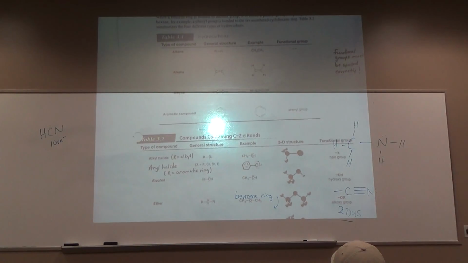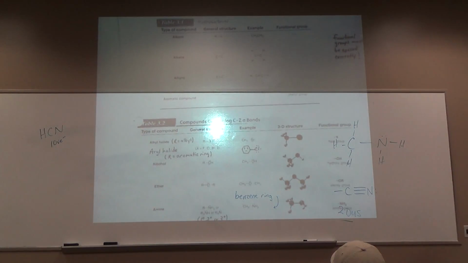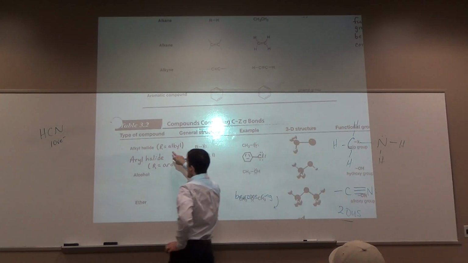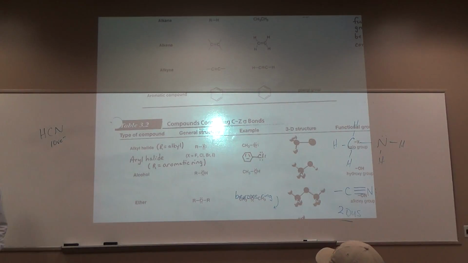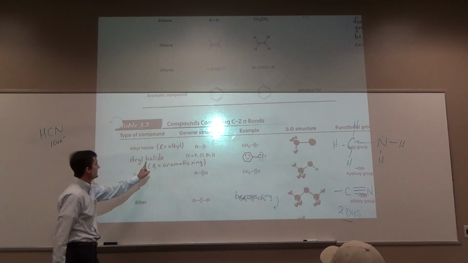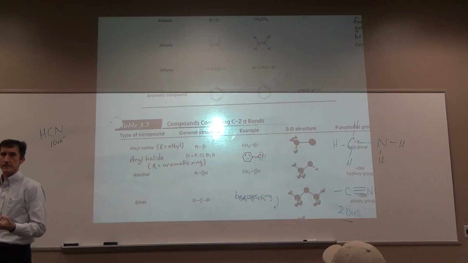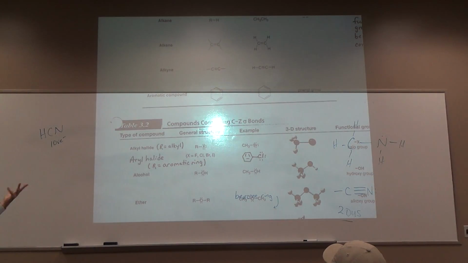All right, compounds containing heteroatoms. Halides, very common: fluorine, chlorine, bromine, iodine. Okay. An R group is just a plain carbon group. It can be 1 carbon or it could be 17. There's no R on the periodic table.